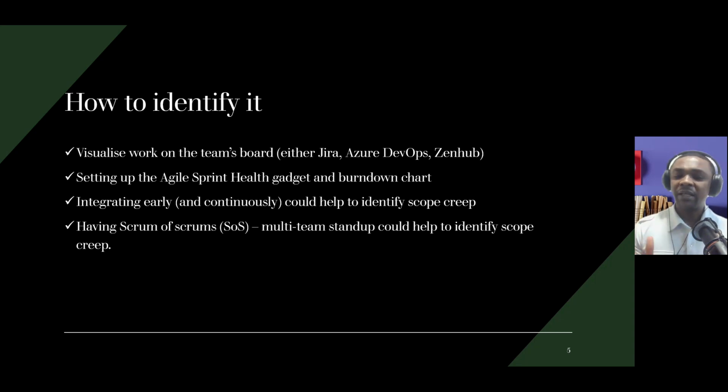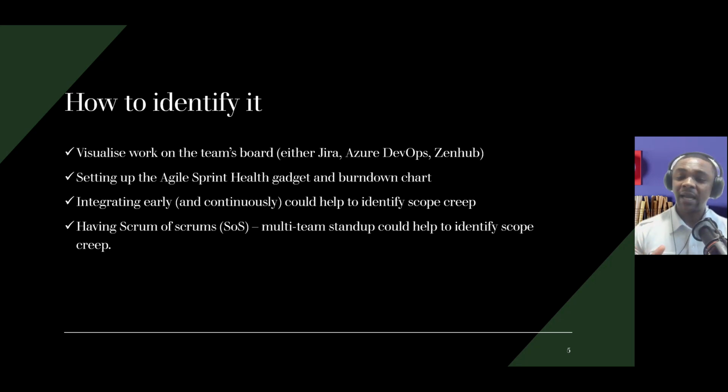Again, the other thing is integrating early. When team members are integrating early and continuously, it will help you as a Scrum Master to know and to manage scope creep. The last but not the least on how to identify scope creep is through what is called Scrum of Scrums.